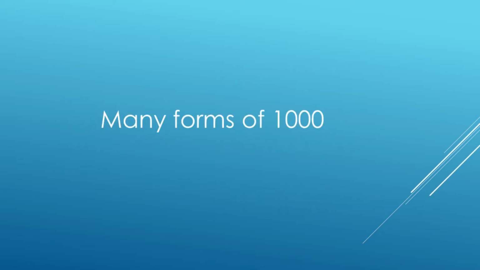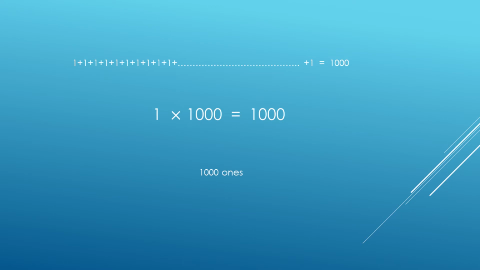Many forms of thousand. If we add 1 a thousand times, we get 1000. So we can say that there are 1000 ones in 1000. If we add 10 a hundred times, we get 1000. So we can say that there are 100 tens in 1000.